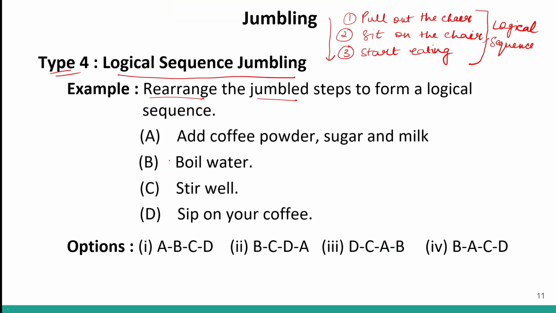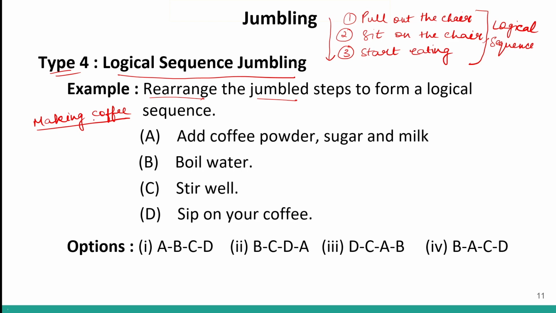Now, the statements given to us are statement A, add coffee powder, sugar and milk. Statement B, boil water. Statement C, stir well. Statement D, sip on your coffee. Okay, so just by looking at it, I can see that we are making coffee, right? So anybody who has made coffee or anybody who has made tea will be able to answer this question.